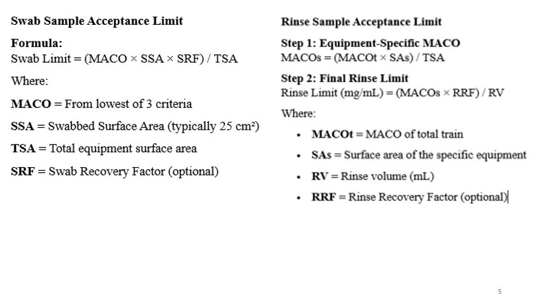For example, if you are working on granulation, then compression, film coating for a tablet formulation, all the equipments involved in this manufacturing will make a train or will make a list. So it is the MACO of total train. SAS is surface area of specific equipment, RV is rinse volume in ml, RRF is rinse recovery factor. So based on this, you can calculate the swab sample acceptance limit and the rinse sample acceptance limit.